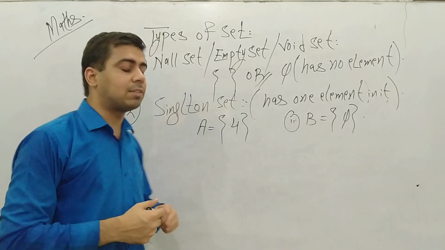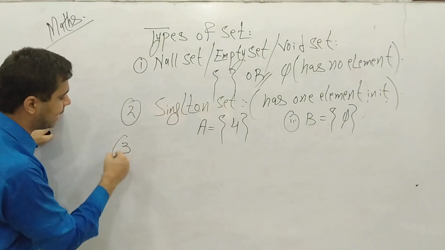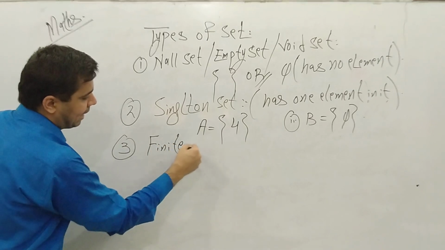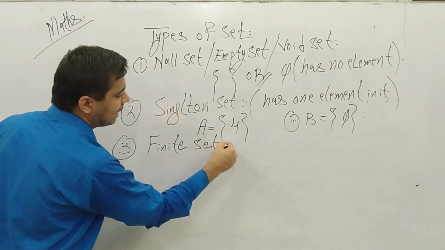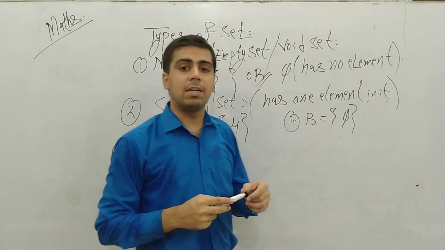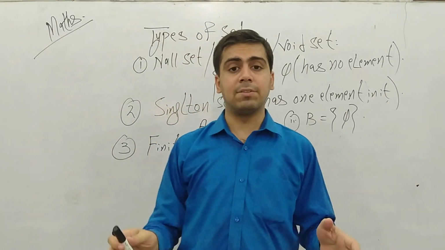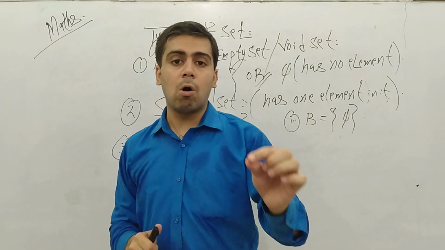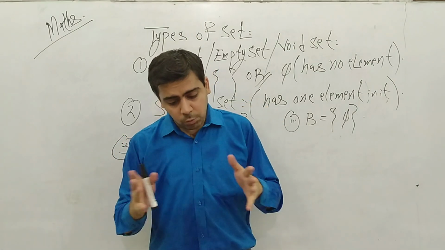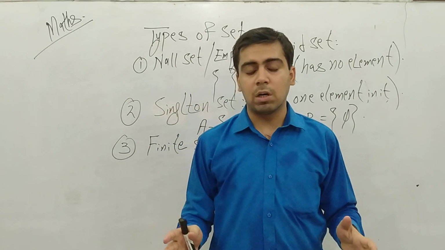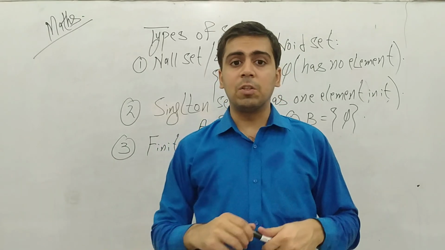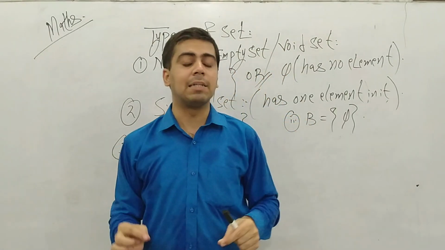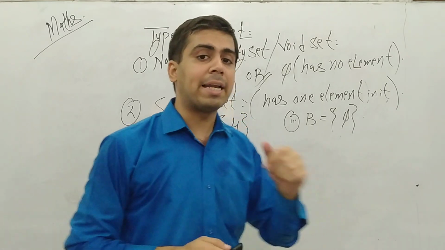The third type of set is the finite set. My students, a finite set is that kind of set which has a limited number of elements, or some finite number of elements present in it. In other words, we can define it as a set which possesses some range or some limit of elements; that set is known as a finite set.